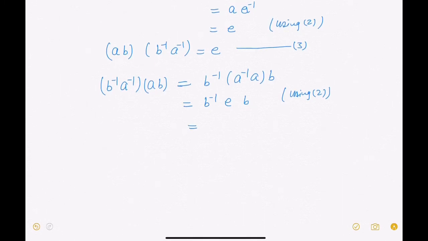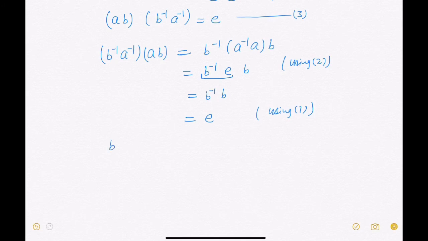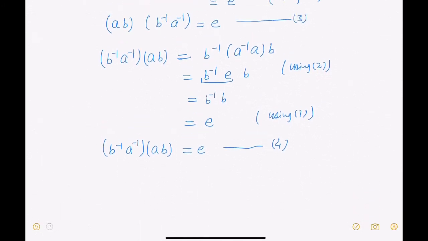Then B inverse operated with the identity element gives B inverse, and again from 1 we obtain the identity element. Hence B inverse A inverse AB is the identity element. This is 4.